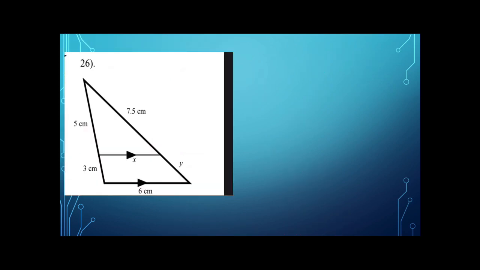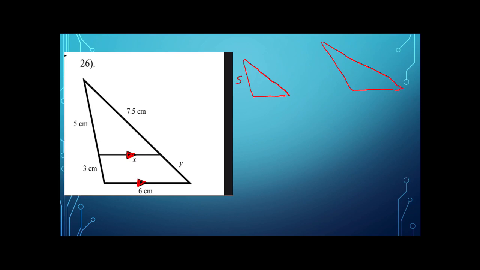Okay, this one's a tricky question, but we're going to approach it in the same way. So it's indicated here that these two lines are parallel, which means that, so let me just show you actually what we've got. We've got this triangle, and then we've got the bigger version of the same thing.